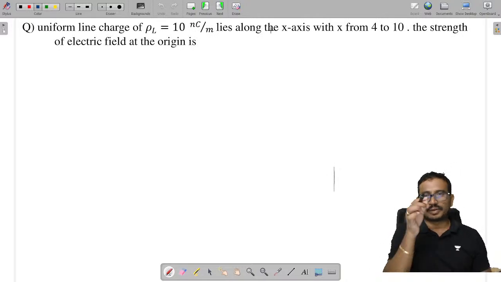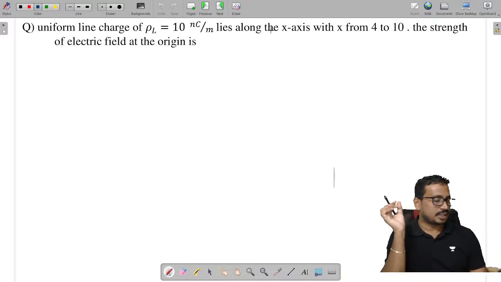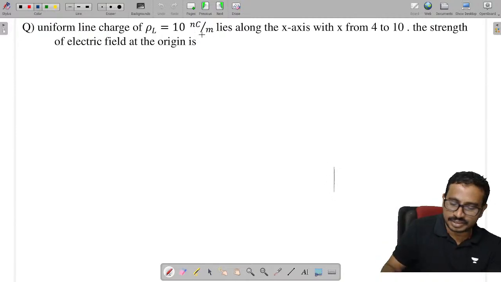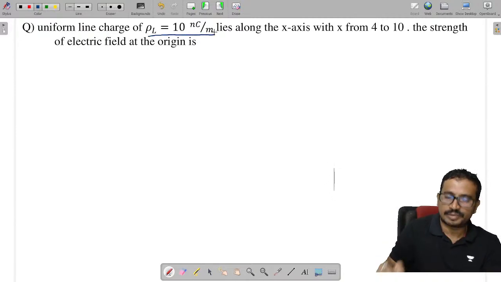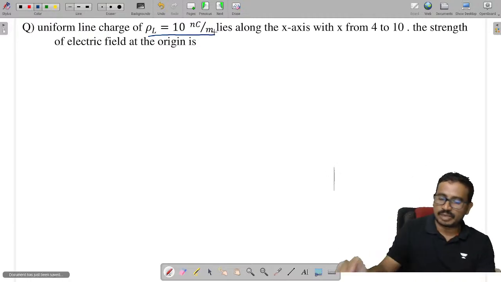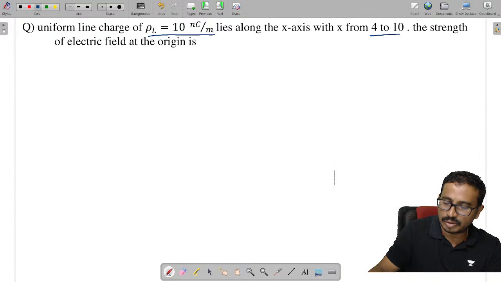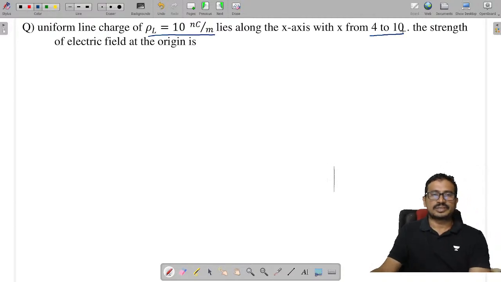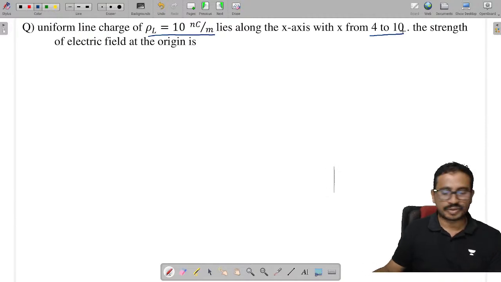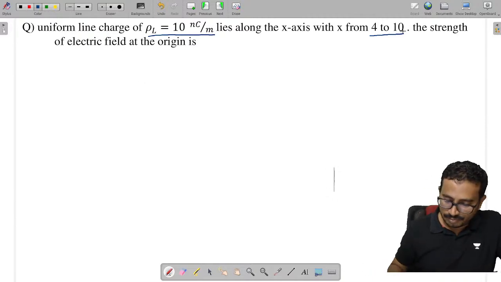Next, now we are talking about the finite length charge. In this case, the line charge density is given as 10 nanocoulombs per meter, and it lies along the x-axis from 4 to 10 meters. Now they are asking to find the electric field at the origin.